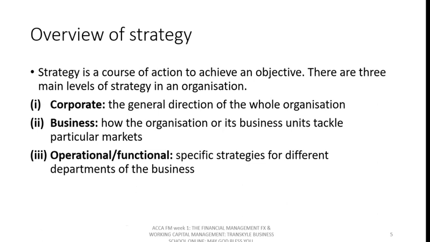Now, let's look at the strategic perspective. When you are talking of strategy, this is the course of action the organization might adopt in order to achieve its objectives. There are three main levels of strategy within an organization. There is corporate strategy, which is the general direction of the whole organization.